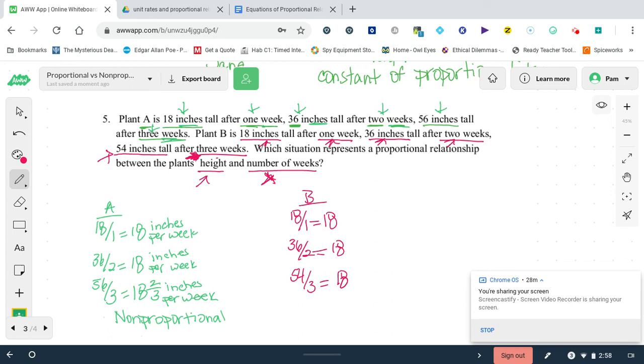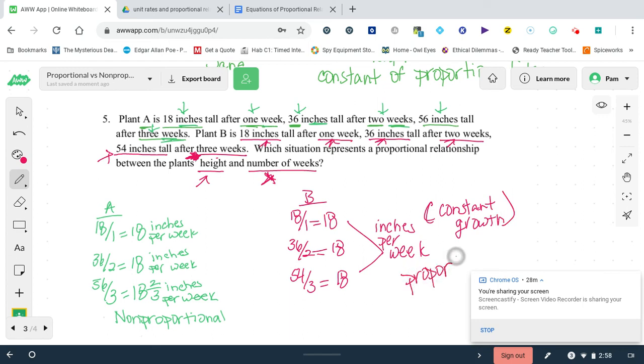So as you can see, all of these are 18 inches. The growth of the plant is 18 inches per week. It remained constant. This is constant growth. Because it was constant growth, we say it is proportional.